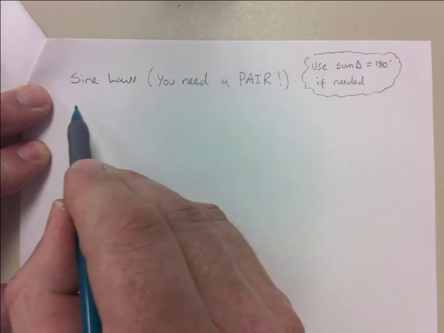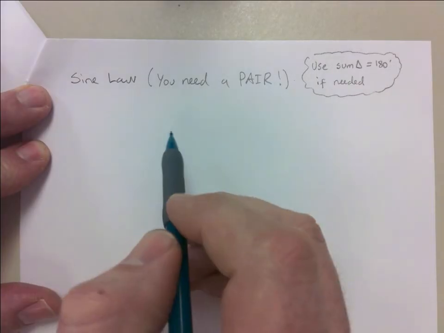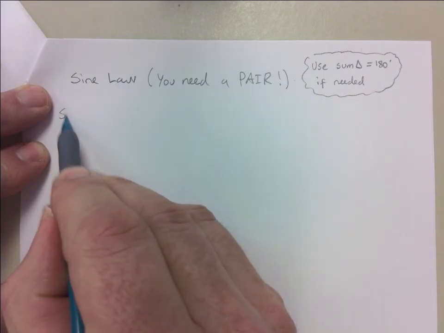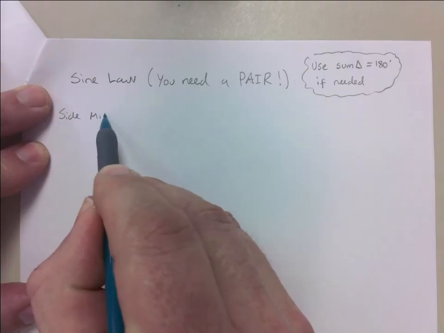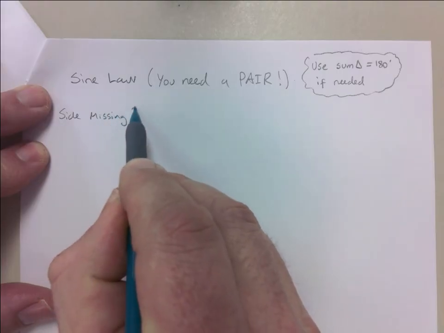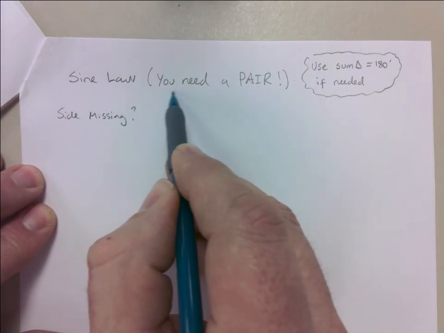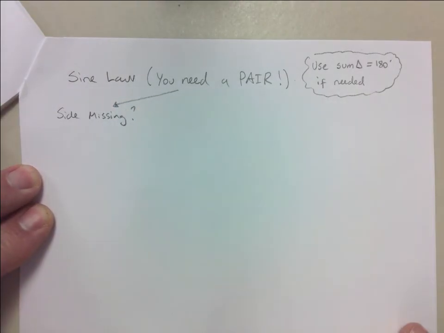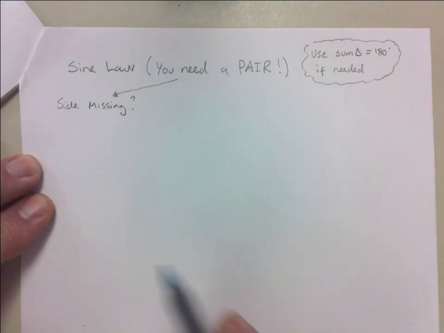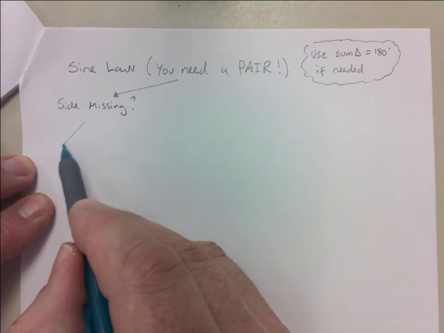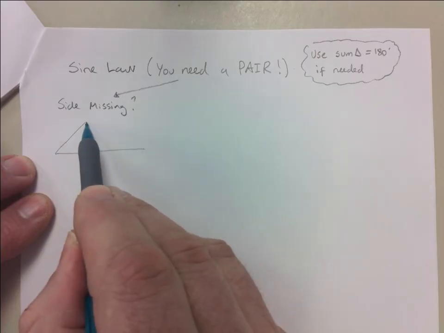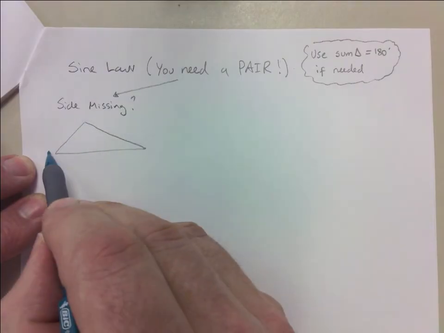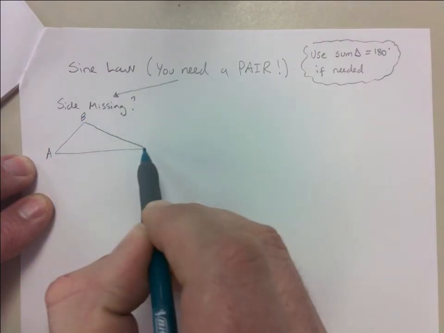So there's two scenarios here. If the side is missing, that is going to be my arrow going like this. You've determined it's sine law because you have a pair. Is there a side missing? So I'm going to give you a little triangle, and we're going to go ABC.